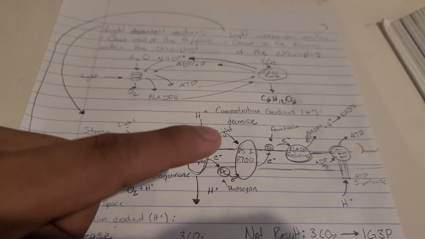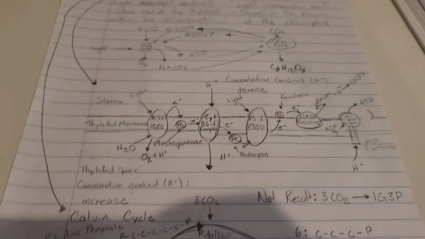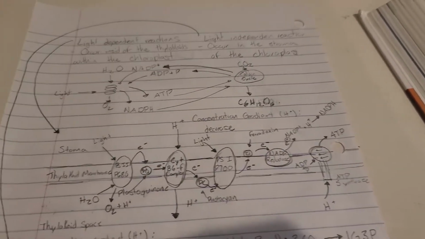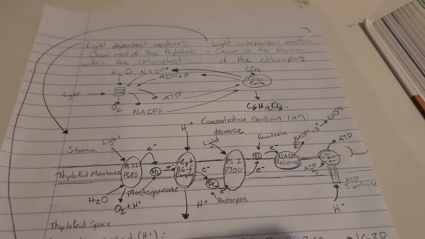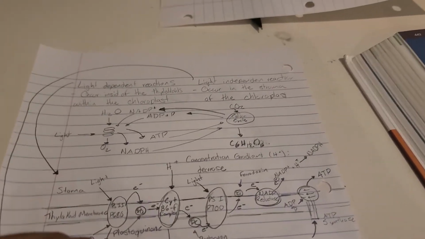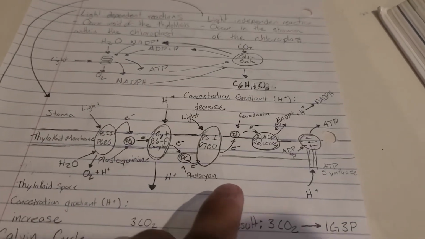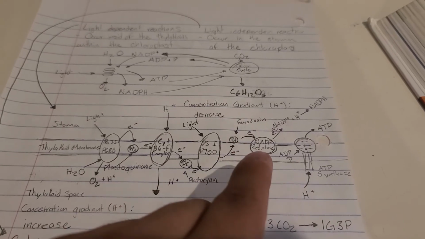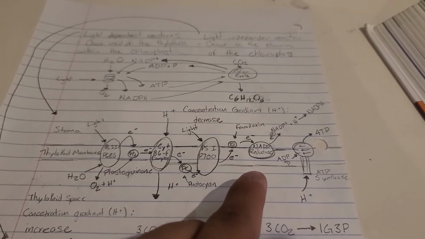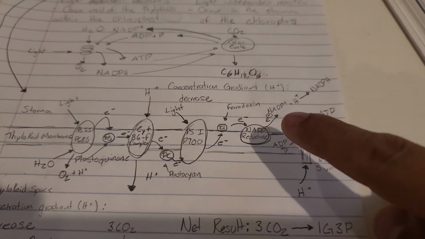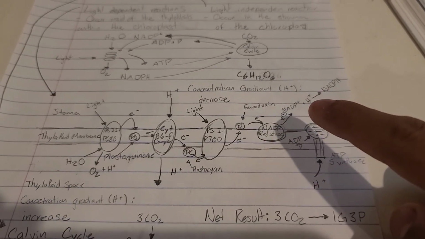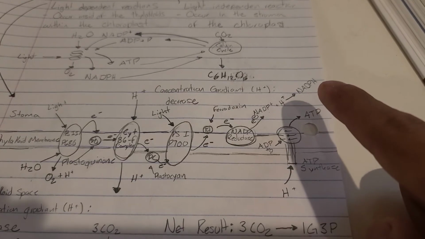In photosystem 1, the electrons aren't as excited as they were in photosystem 2, so light hits again, and the electrons are recharged and sent to the ferredoxin, which sends them to the NADP reductase, which together with the electrons, an NADP plus molecule, and a hydrogen ion creates NADPH.